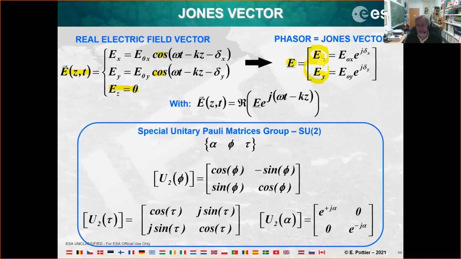From this information, you have the magnitude of the two components and the phase of the two components. And according to what I have presented before, I can reconstruct the orientation of the ellipse, the ellipticity of the ellipse, and the absolute phase of this ellipse from this information.